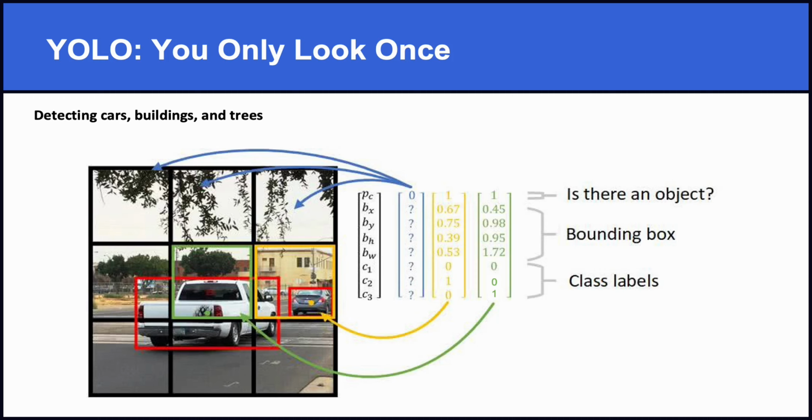And when it comes to the 6 bottom cells, you can notice that all of them contain a part of the white car. However, only one will be responsible for representing it, and it will be the one that contains the center of the car. So, it will be, for example, the one in the center.